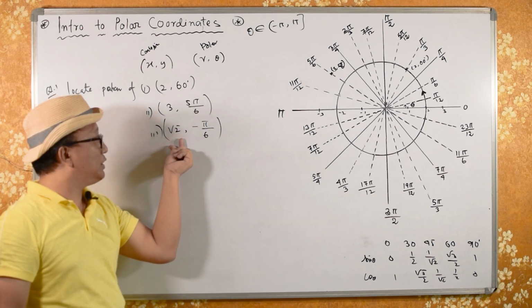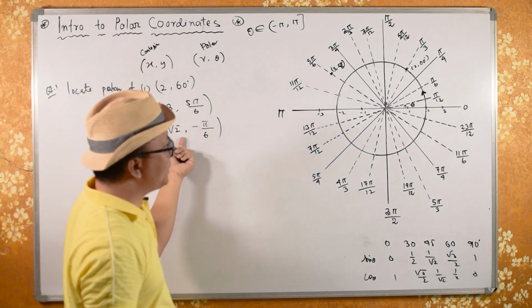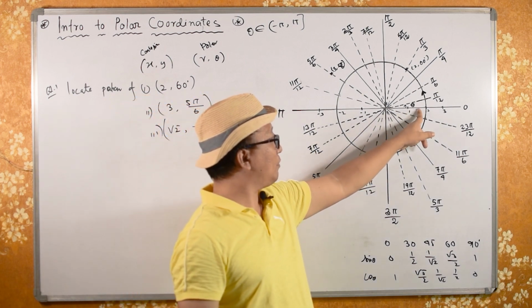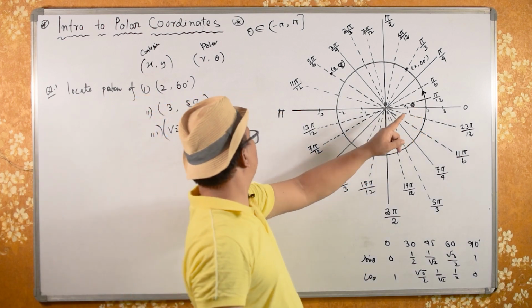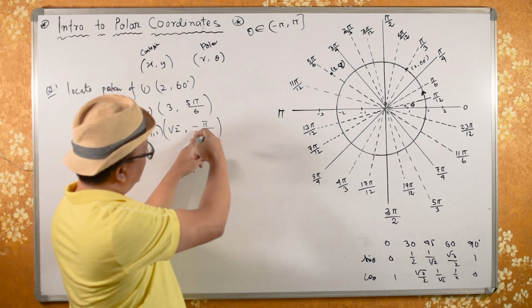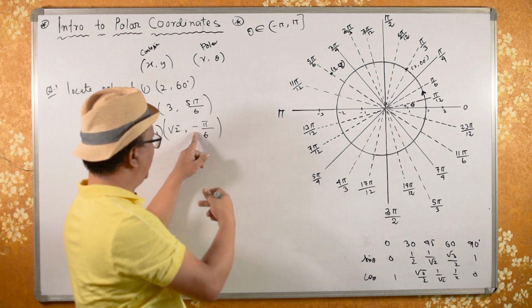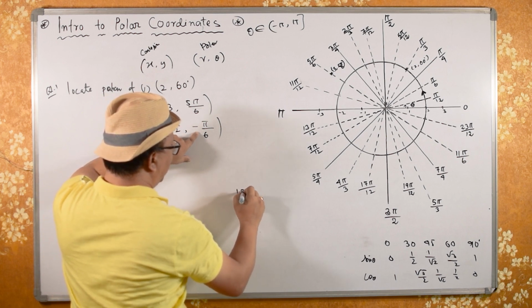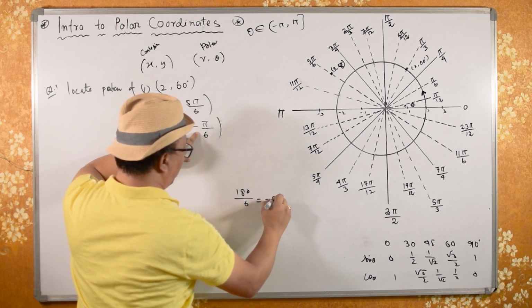Now the next question is root 2 comma minus pi by 6. Root 2 is 1 point something, about 1.4, over here. Minus pi by 6: pi is 180, 180 by 6 is 30, so minus 30 degree.